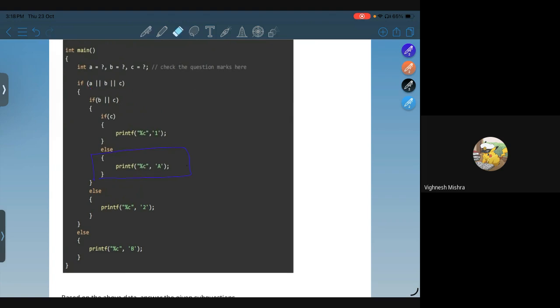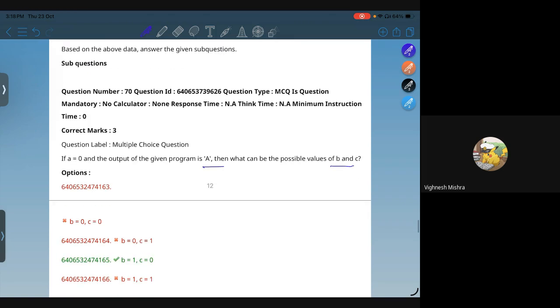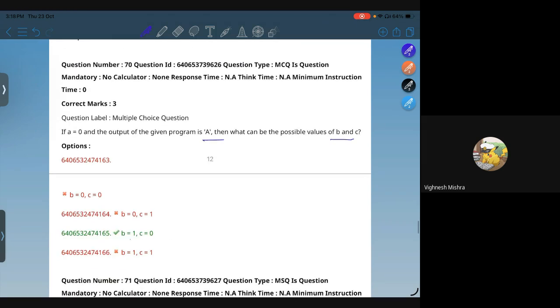Then if A is 0, it will check B or C. So we need either B is true or C is true. But once we go in, we need C to be 0, else it will go here. So B should be something non-zero, then it will print this. B should be non-zero and C should be 0.